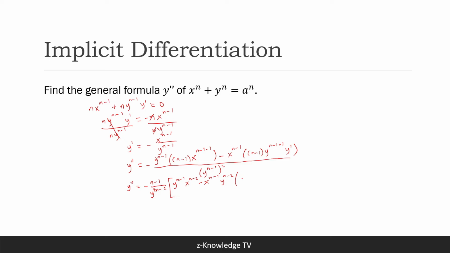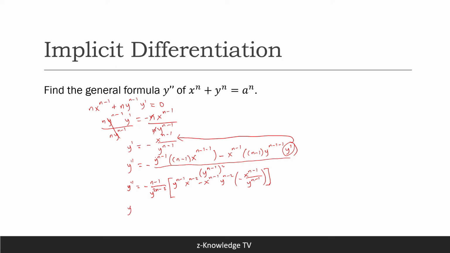Multiplied by negative x n minus 1 over y n minus 1. Okay? Kasi itong y prime, okay, y prime to ito yun, di ba? So, pinilitan lang natin. Okay, para mawala yung y prime sa ating equation. Okay? So, next.